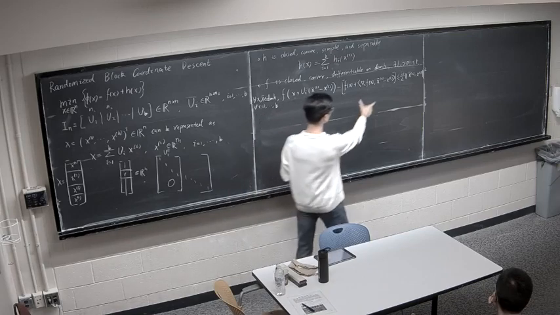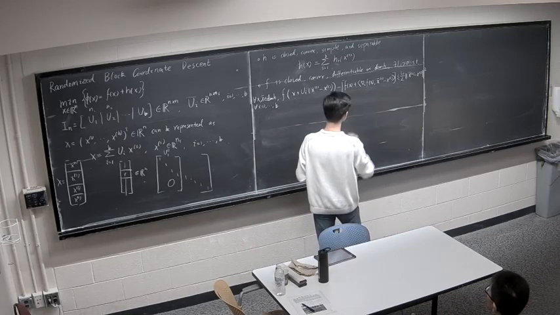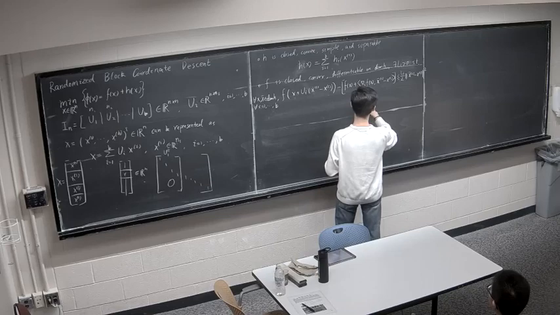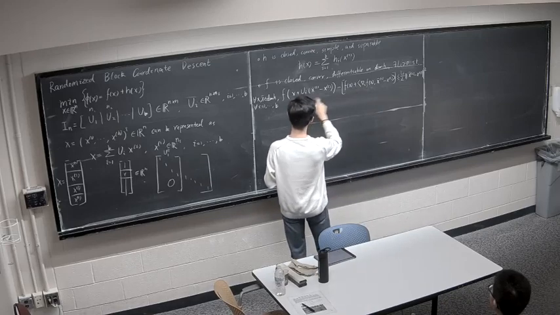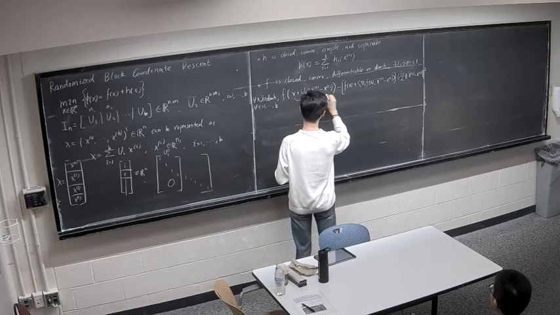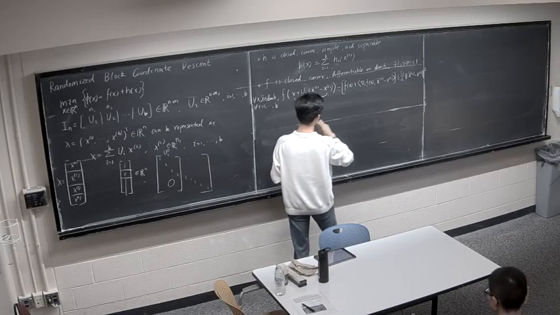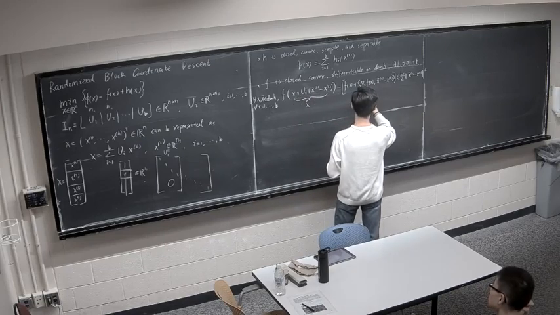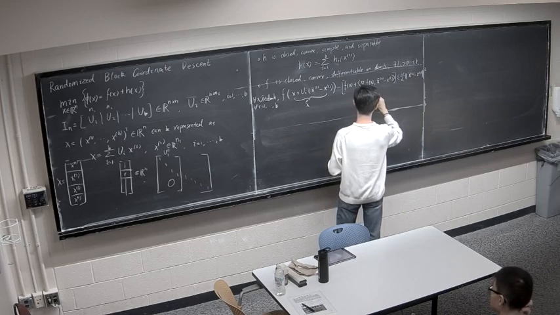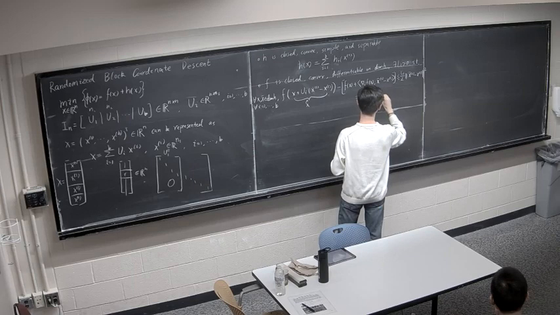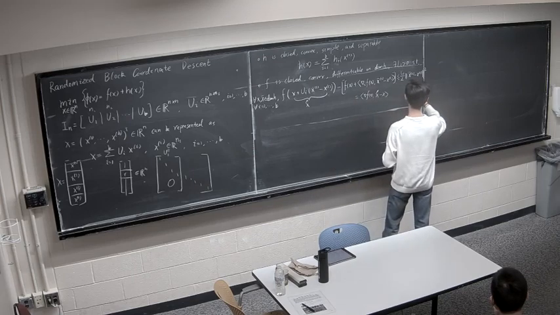Okay, so here, this is basically equivalent to, so let's call this point x hat. Okay, so this inner product is equal to, and this distance is also equal to x hat minus x.